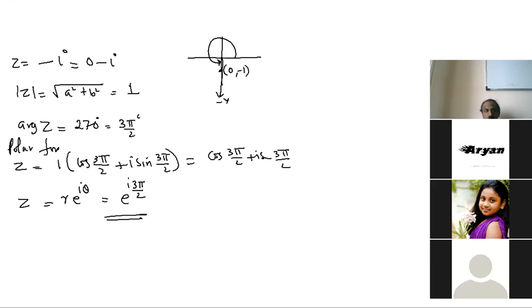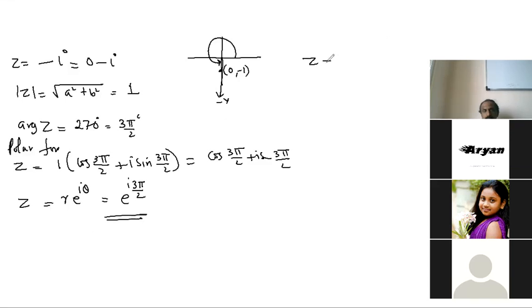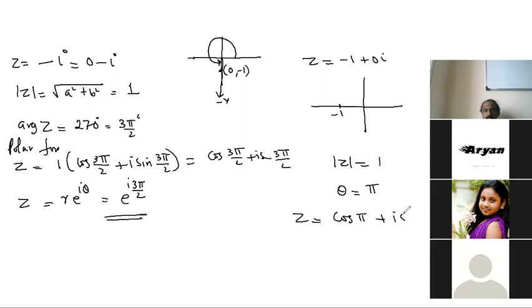Now the third question is minus 1. Can you write minus 1 directly? It will be on the negative x-axis. So modulus of z is 1 and the argument is 180 degrees. Therefore polar form will be cos pi plus i sin pi, and exponential form r e raised to i pi.